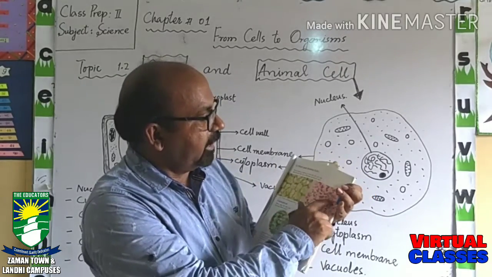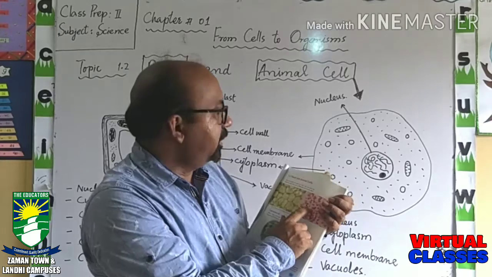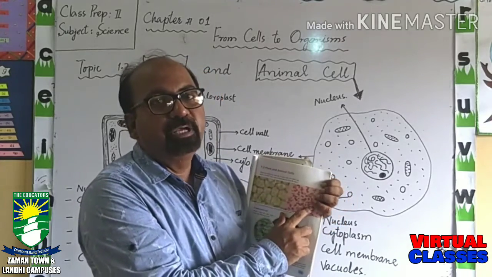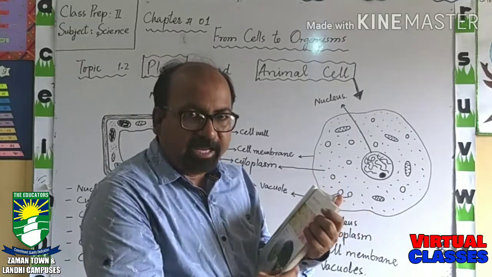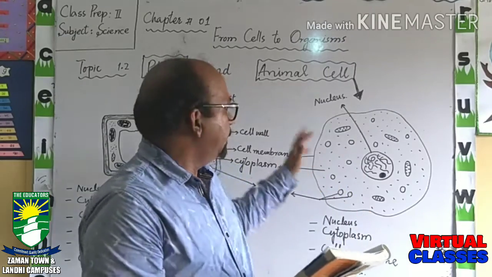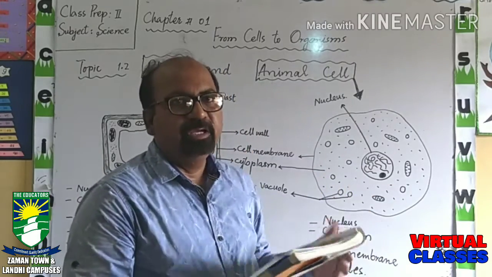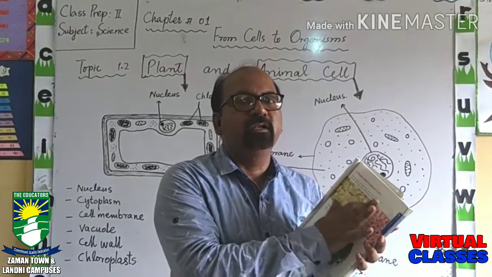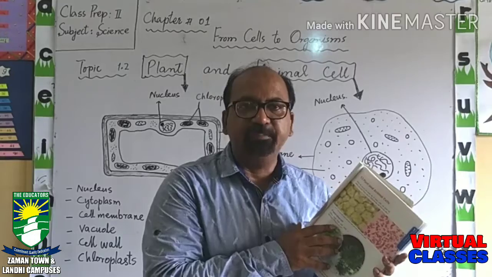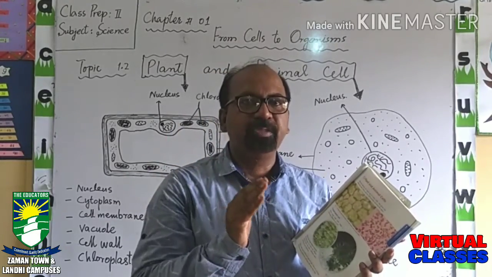And these are animal cells. Animal cells do not have any specific shape. When I explain these diagrams, definitely you will understand why the animal cell does not have a specific shape and why the plant cell has its specific shape.